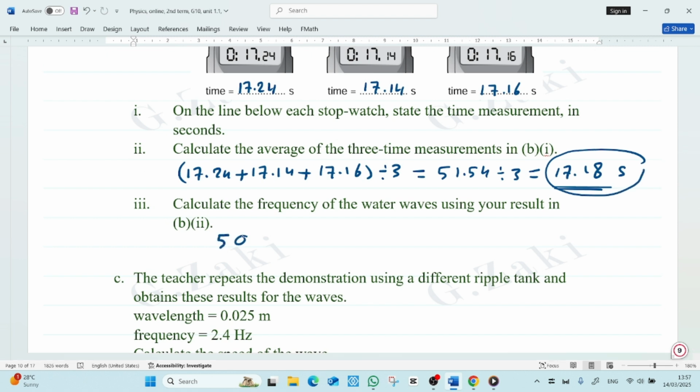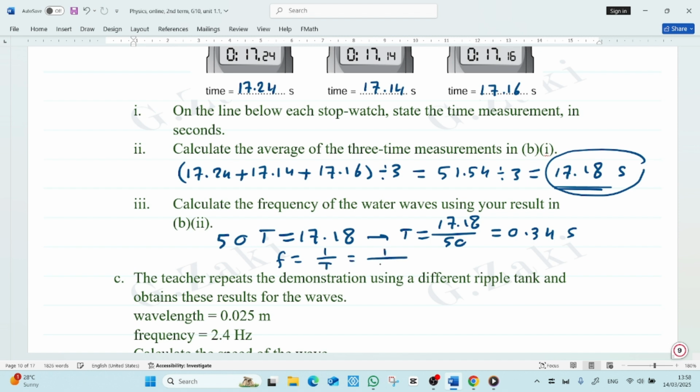Then 50 time periods equals 17.18. From this, we can get the time period equals 17.18 divided by 50. The answer is 0.34 second. Now we can get the frequency because we know that the frequency is 1 over time period. So 1 over 0.34, the answer is 2.91 and the unit is hertz.